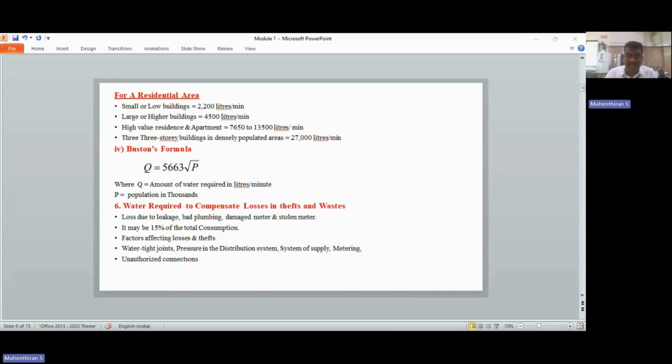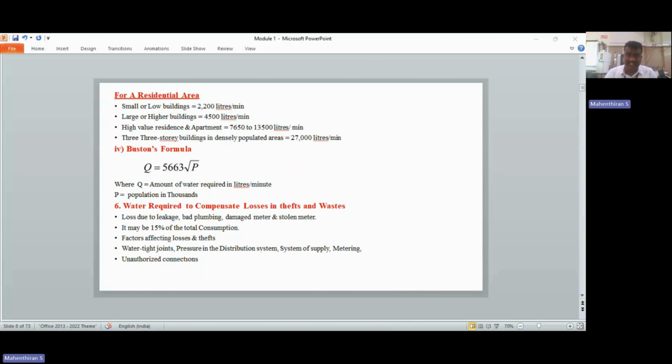The meters are faulty or tampered or even stolen in some cases. This leads to inaccurate measurement and losses. So, it is estimated that about 15% of the total water consumption can be lost due to these factors. This is significant. So, when designing systems, engineers must add extra capacity to compensate for this loss.